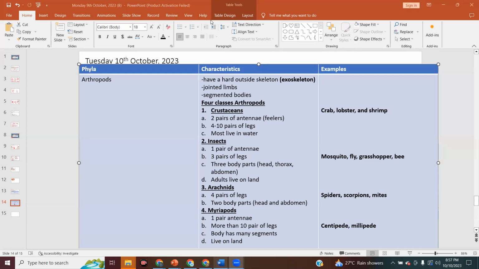Korai, give me an example of a myriapod. A centipede. Very good. Jeremy, give me an example of an arachnid. Scorpions. Very good. Jevin, give me an example of an insect.